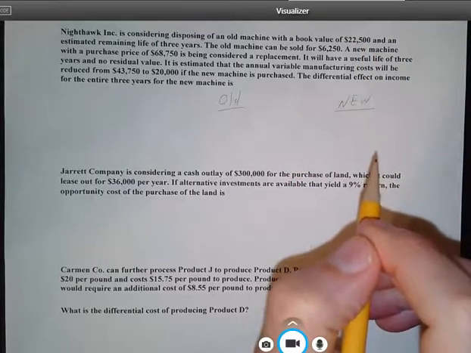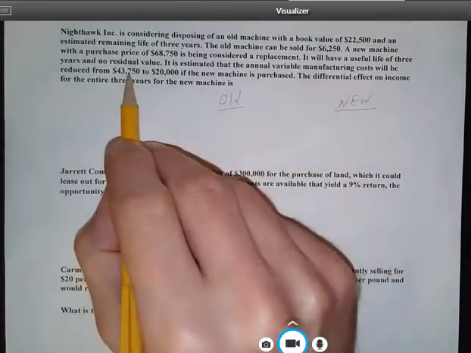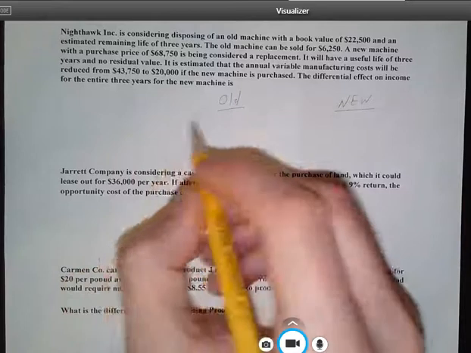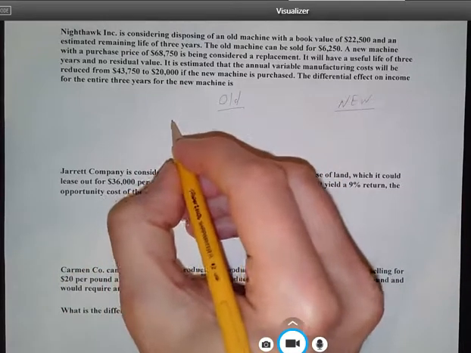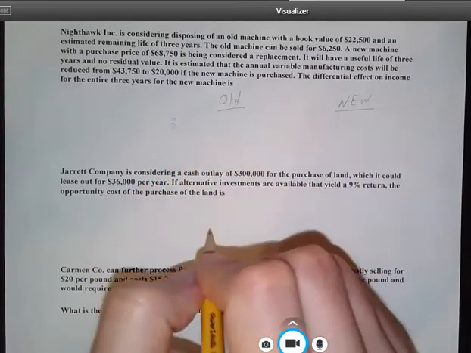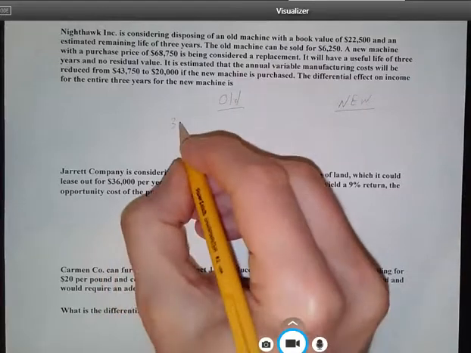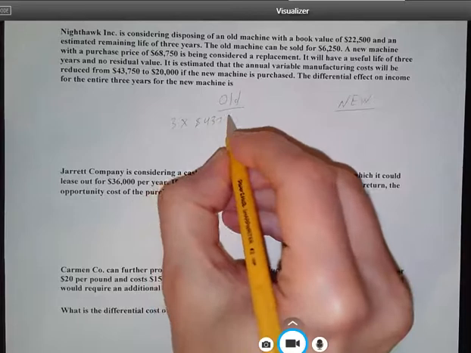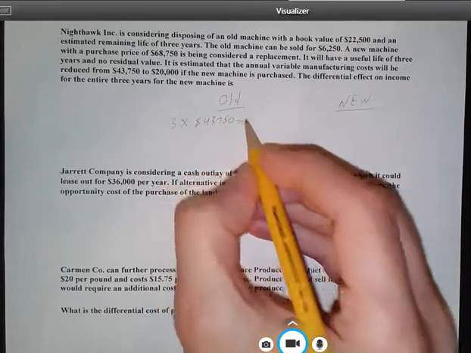What is, however, relevant is this $43,750 that we have in annual operating costs, and we're going to have that for 3 more years because it has 3 years left. So 3 times 43,750.